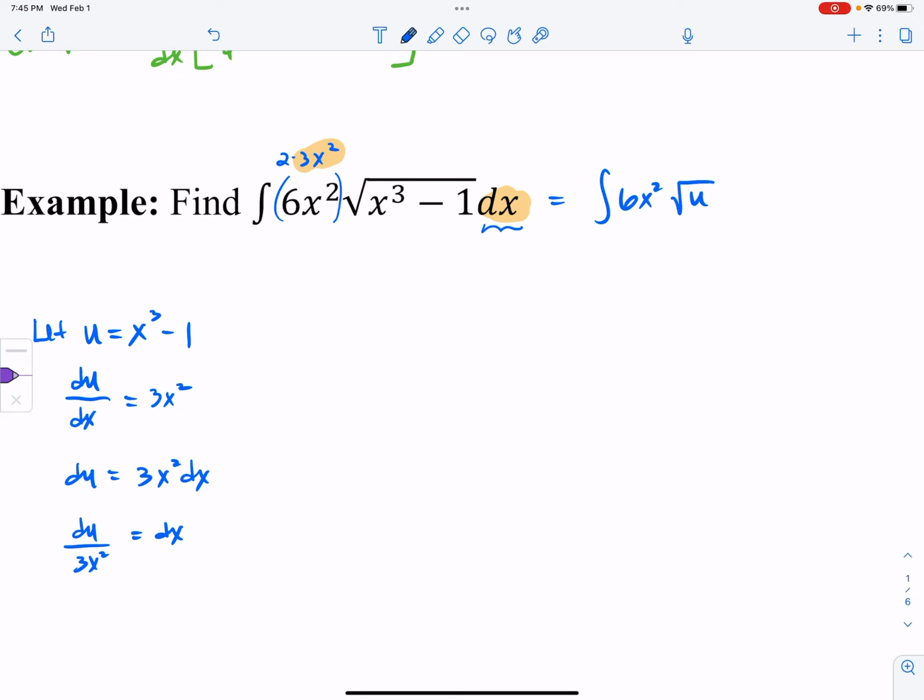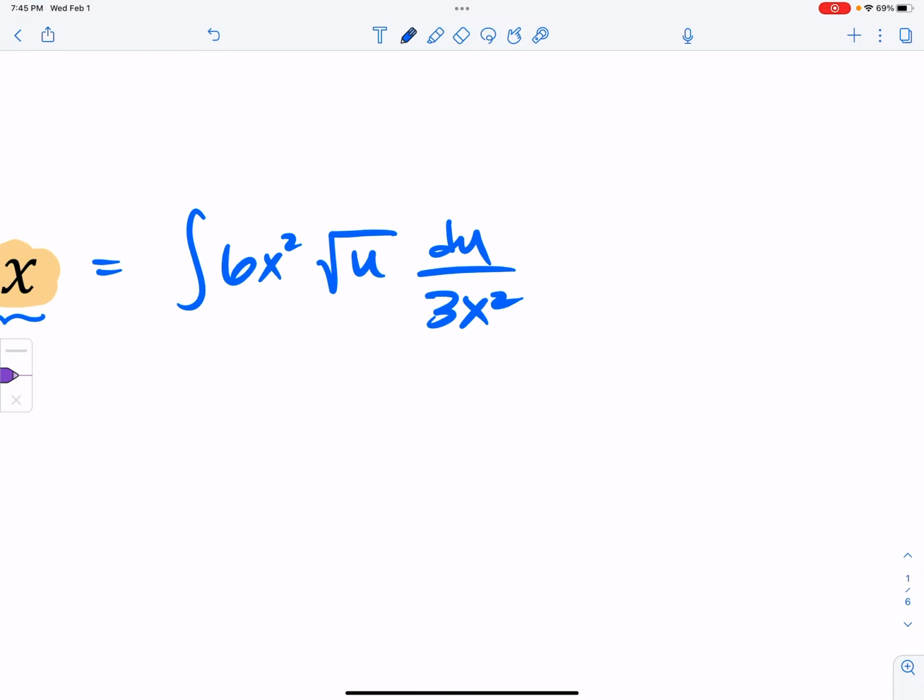And then we can just replace the dx with du over 3x squared. We still have x's here, but notice that the x squareds will cancel, and then 6 divided by 3 is 2. And we can pull that 2 out. And then that's u to the 1/2 du.